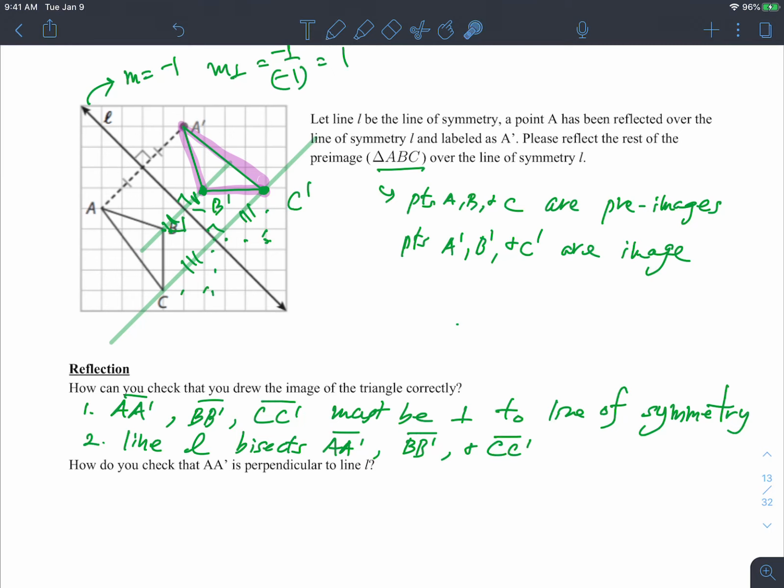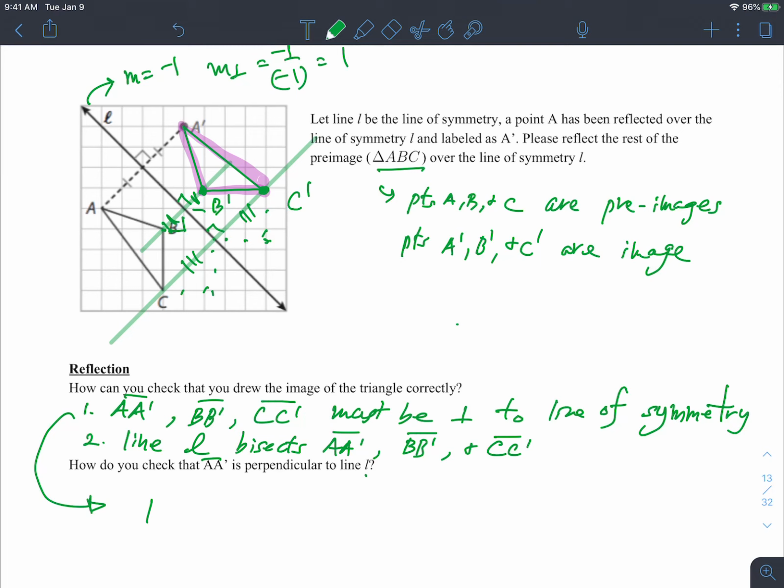So that's actually a more efficient way to say that this distance and this distance is the same, because line L is bisecting them. They're the same, and these two are the same, and these two are the same, right? And there's a follow-up question. How can you check that A prime, that should be a segment right there, is perpendicular to line L? So this is a follow-up question to the first one.